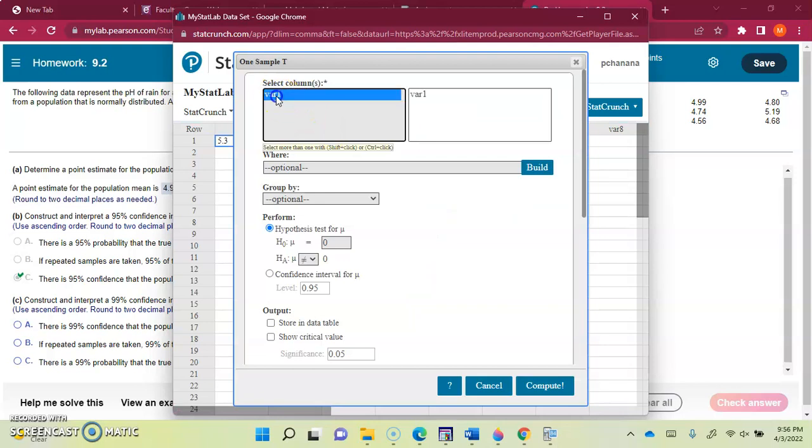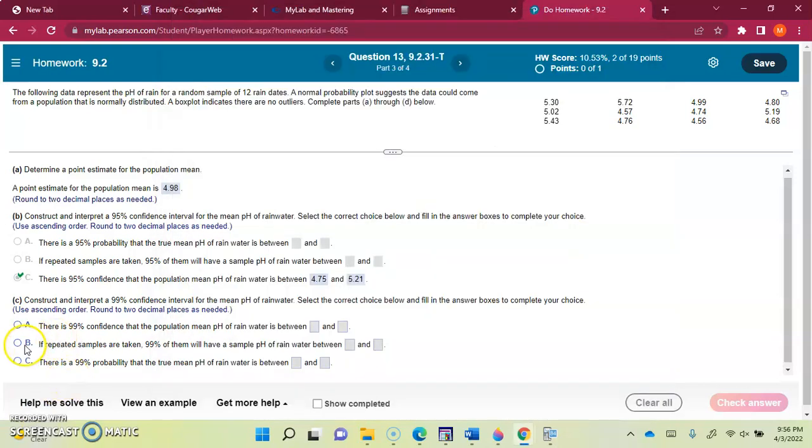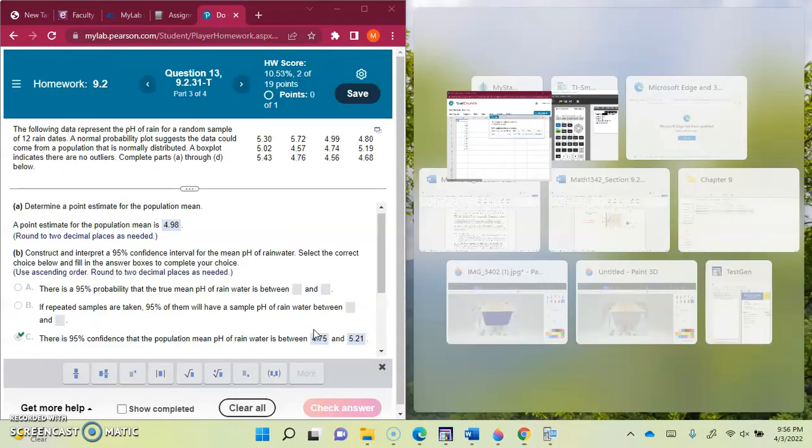We want data in variable 1 column there and confidence level is now 99%. Compute. So lower limit now is 4.65 and upper limit is 5.31. So let's see. A option because that states there is 99% confidence that population mean is between these two values. So let's enter that.